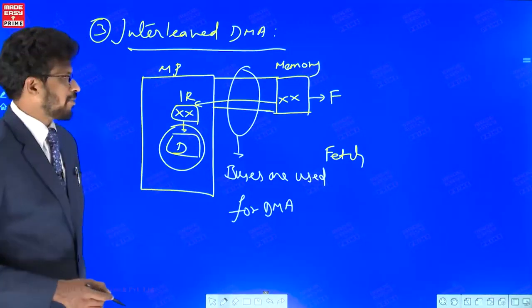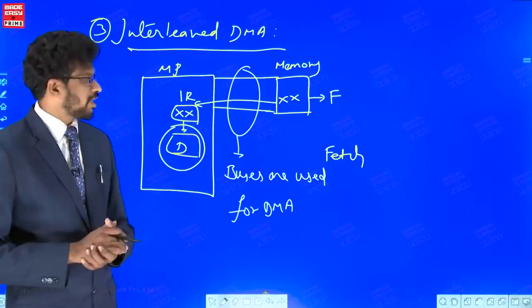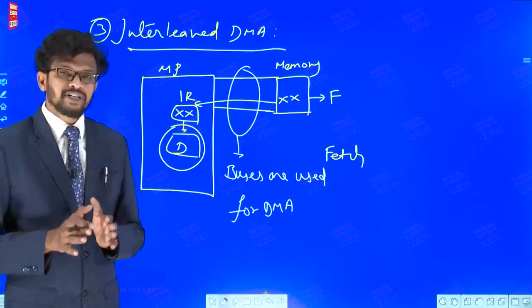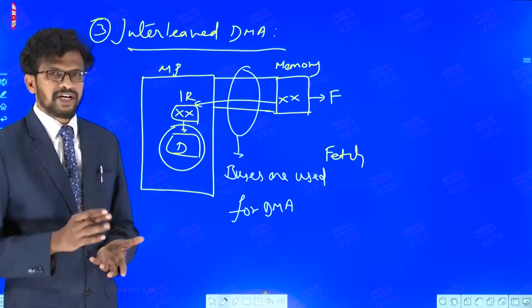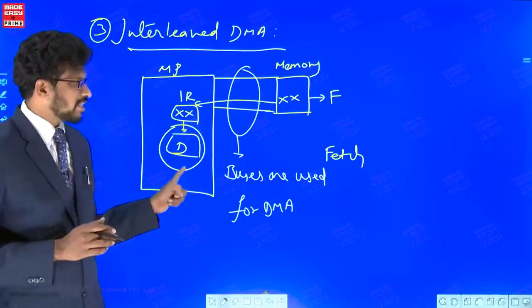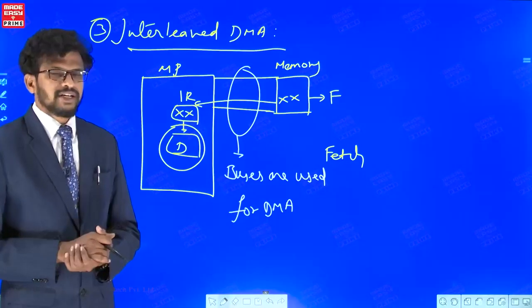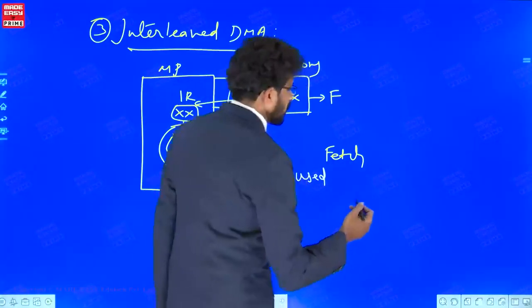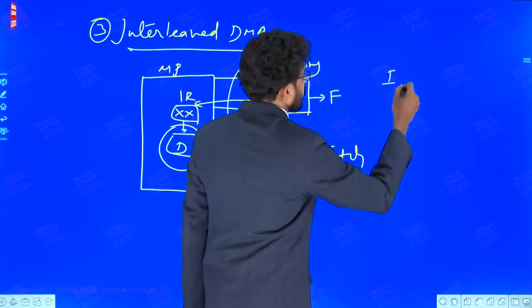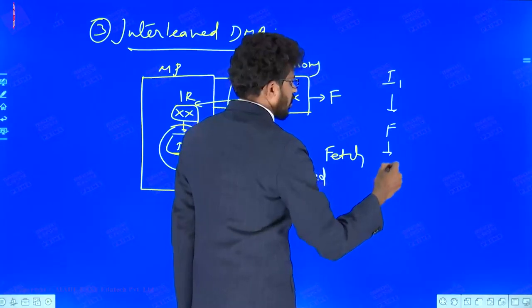So in interleaved DMA, the buses of the processor are used for DMA operation only when the processor is doing some internal operation, something like decoding operation of instruction. Once decoding is done, again it may require the buses for read-write operations, and so on. So that is why in interleaved DMA, 1 byte per instruction. Why 1 byte per instruction? For example, instruction 1, opcode fetch and decoding.